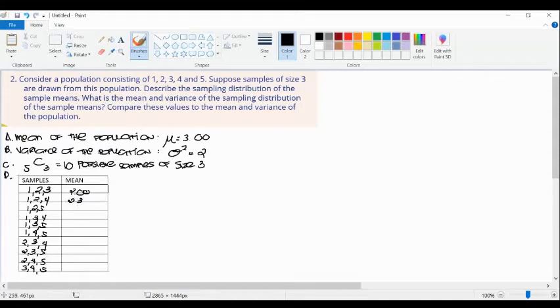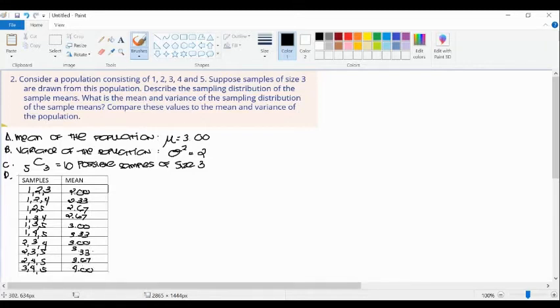This one is 2.33, 2.67, 2.67, next 3, next 3.33, and then 3 again. For 2, 3, and 5, we have 3.33. For 2, 4, and 5, we have 3.67. And lastly, we have 4.